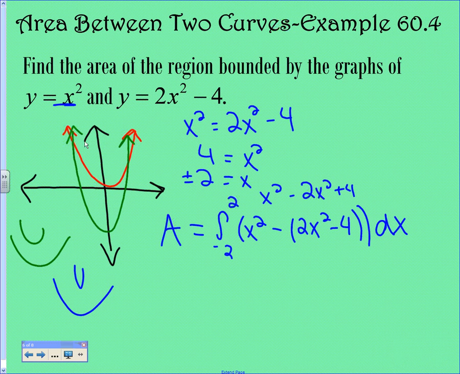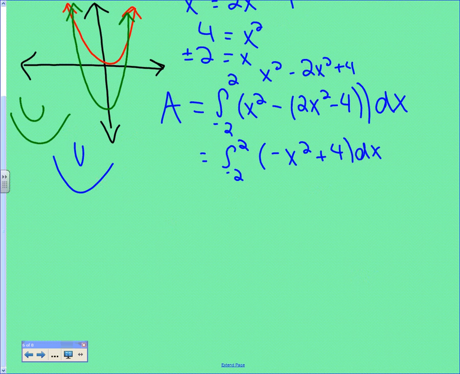But what is x squared minus 2x squared? Negative x squared. Does that make sense?